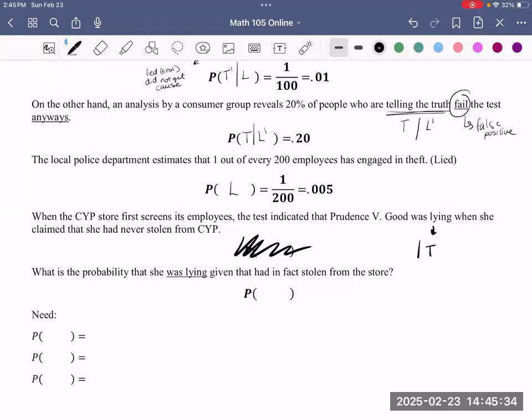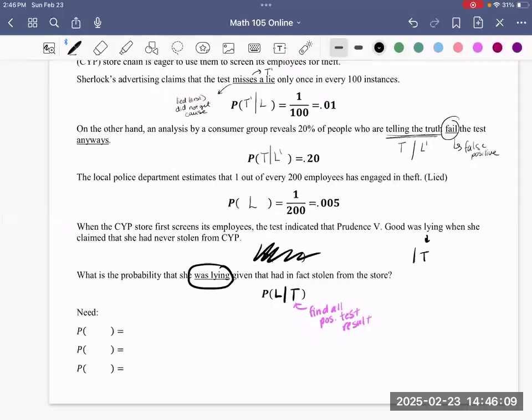What we want to know at the very end is the probability that she is in fact lying. So we want to find all positive test results, those that accuse somebody of lying, and compare them to those that are actually lying. So we are trying to figure out the probability of L given T.